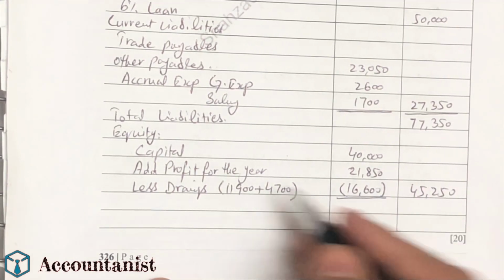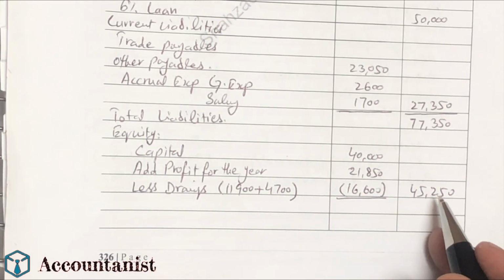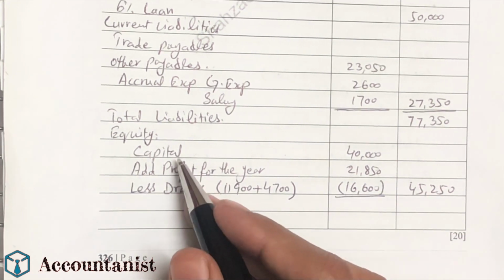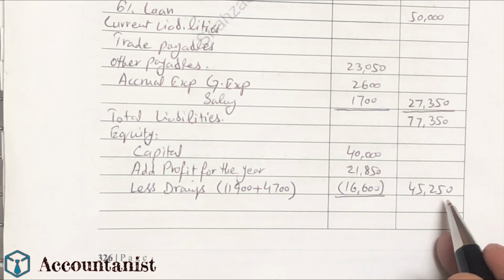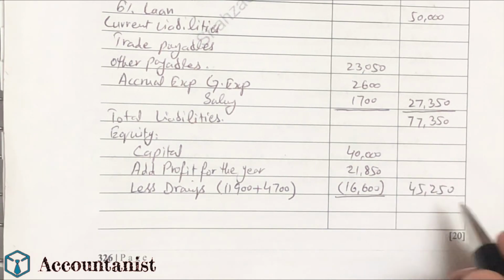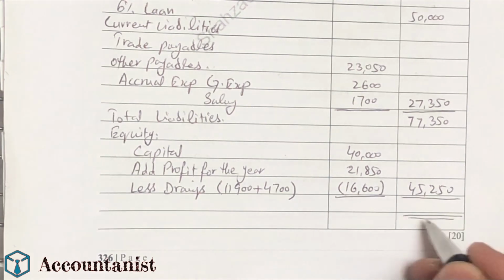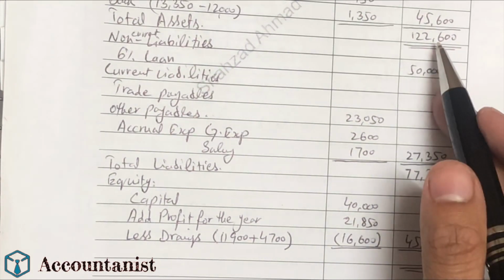Now we need to add this total liabilities and the equity section total. This is our closing capital balance. So opening balance plus profit less drawings gives us the closing capital balance. So total liabilities and capital should be equal to our total assets figure.